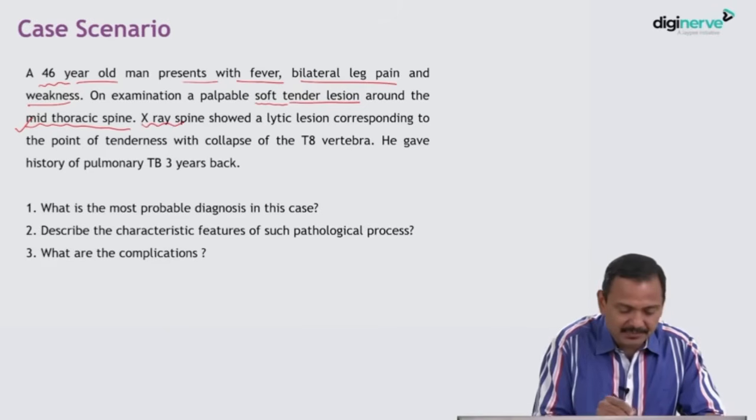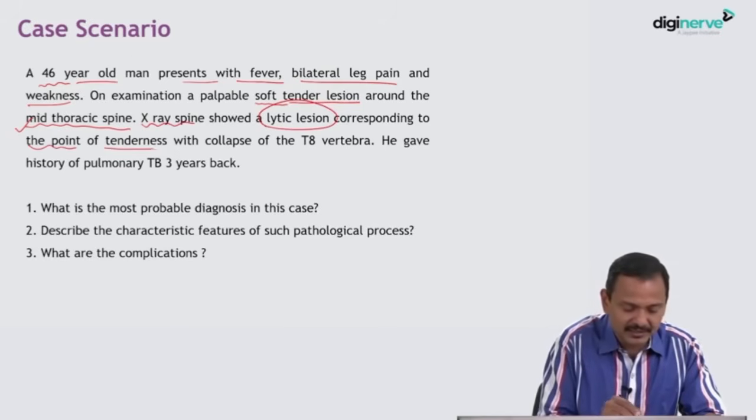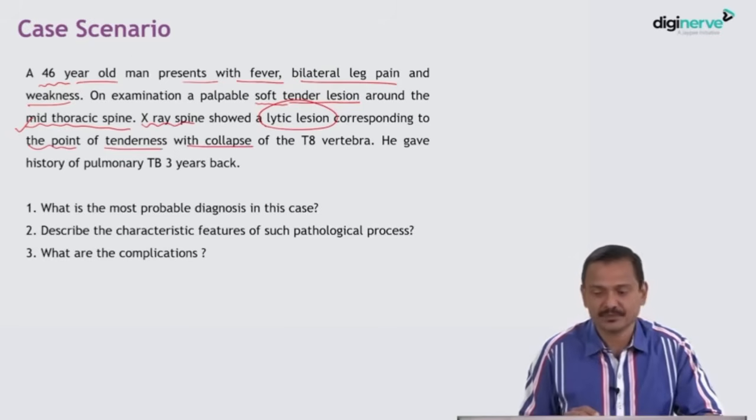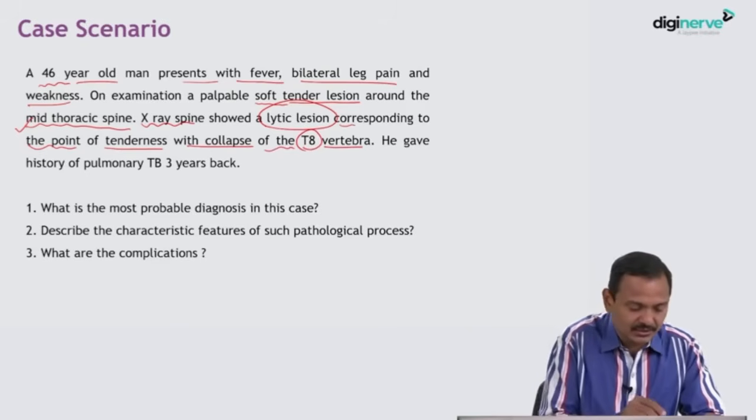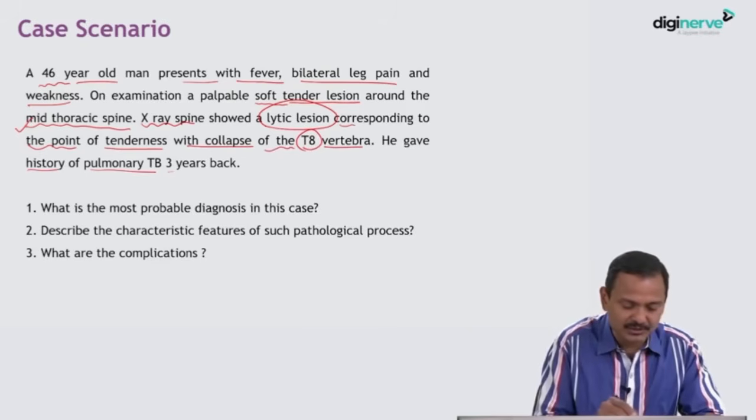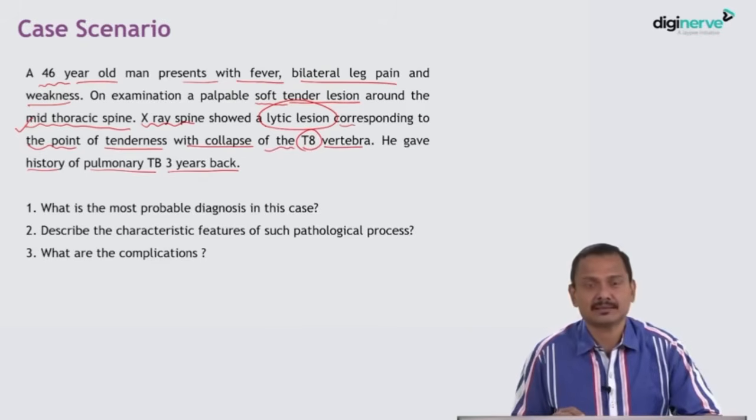Okay? X-ray spine shows a lytic lesion corresponding to point of tenderness with collapse of the T8 vertebra, and he also gave history of pulmonary tuberculosis 3 years back.